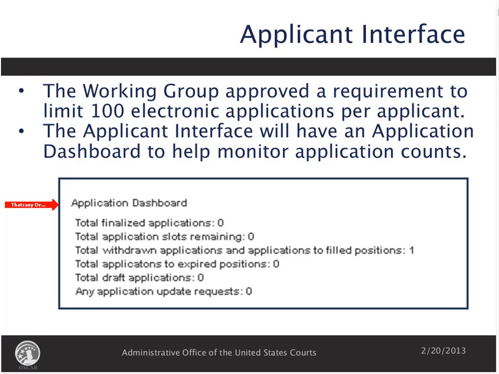Applicants will also be able to see the number of draft applications they have. And please remember, there is no limitation to the number of draft applications. Applicants will also have a tally of the number of applications that a judge or a staff attorney office has requested an update. We here at the OSCAR Program Office are going to be working with the judges and the chamber staff.